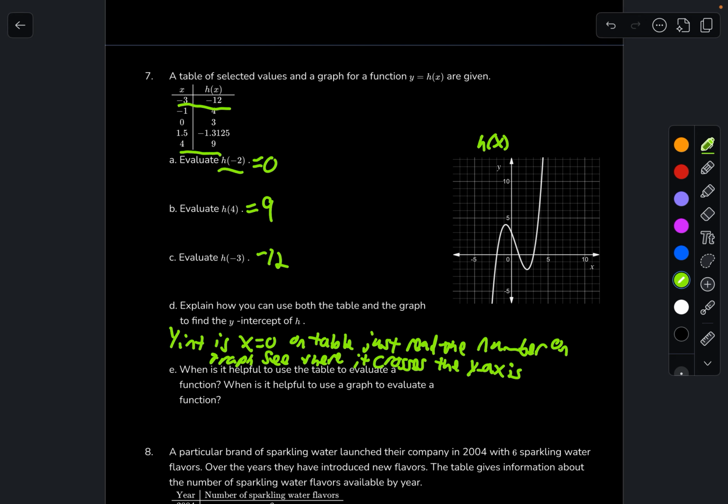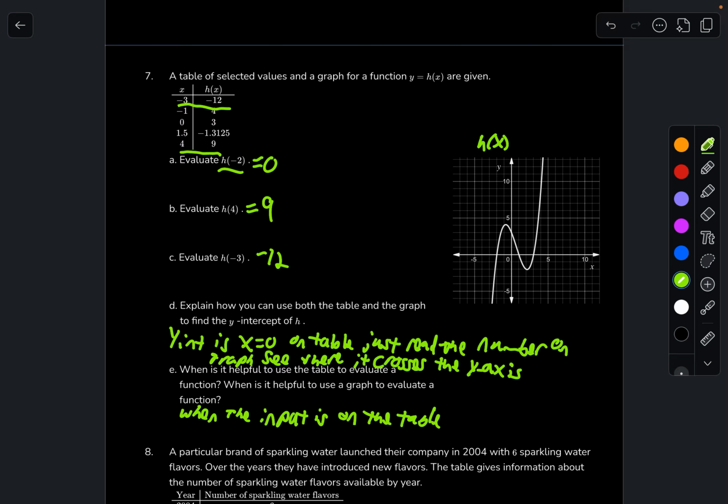When is it helpful to use the table to evaluate a function? When the input, which is x, is on the table. You just read the table. You don't have to think. On the table. Okay?